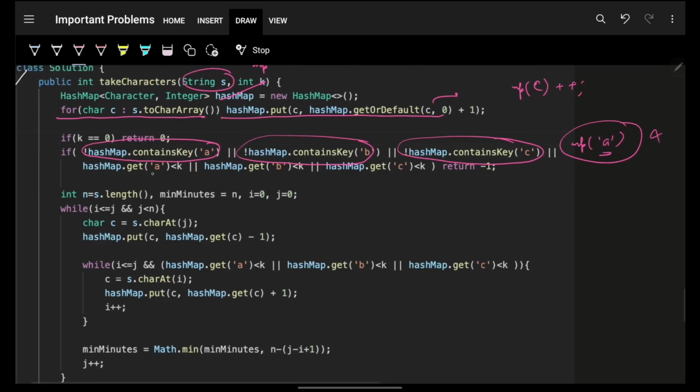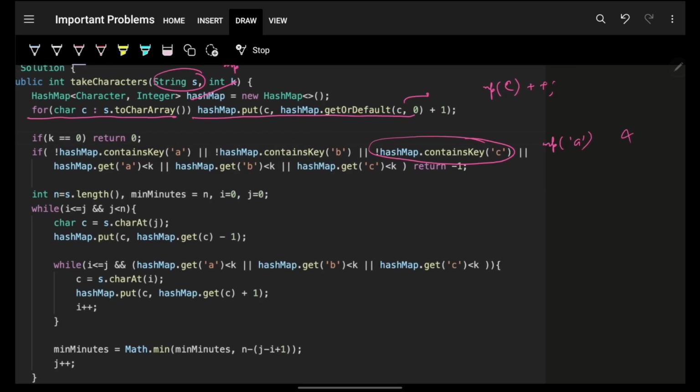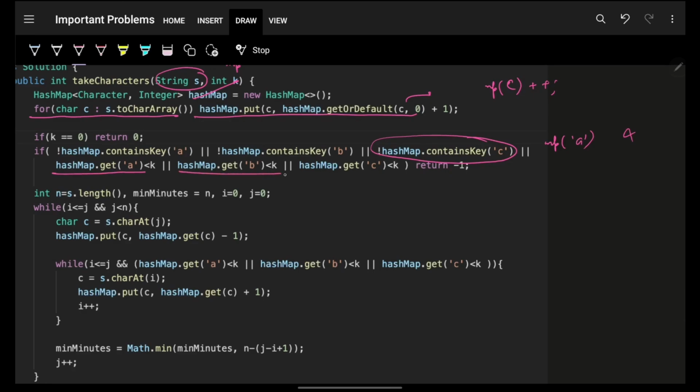But in Java, if B itself is not even inside my hash map, then I have to firstly check if it is there in my hash map or not before even comparing its value. So yeah, if it would have been C++, I would have just compared the values. If it is less, simply return -1.